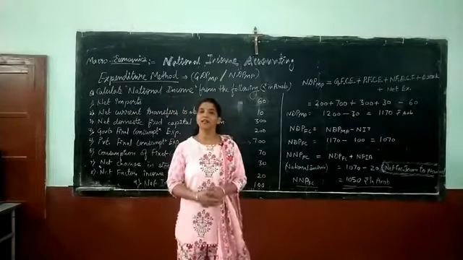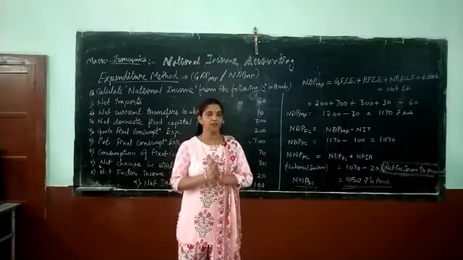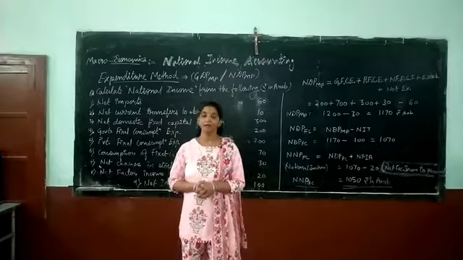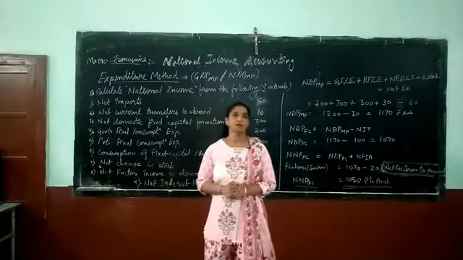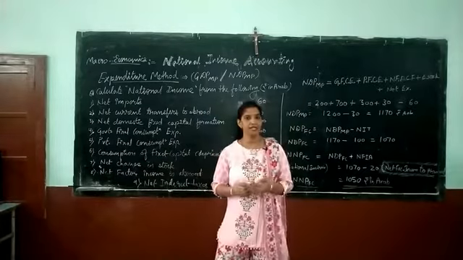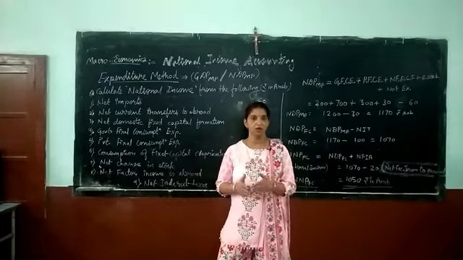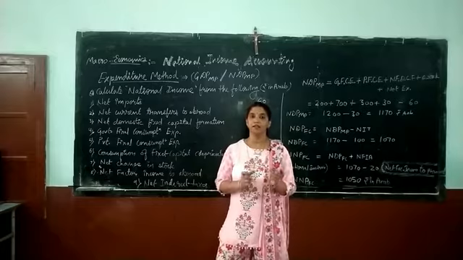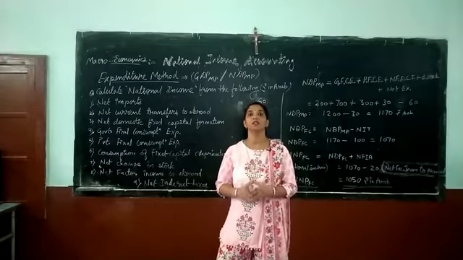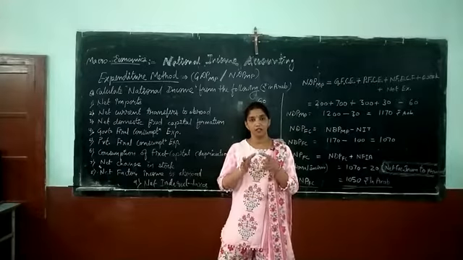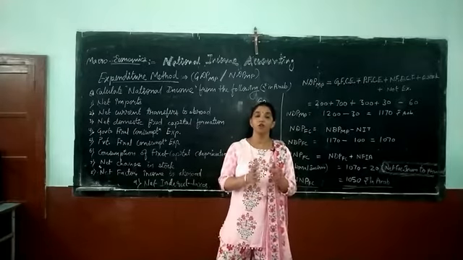Hello students, in the last video I explained the expenditure method for national income accounting. In that method I told you that we can estimate national income in terms of NDP at MP or GDP at MP, and whether the value is net or gross depends on the domestic capital formation, which is given in terms of net or gross.